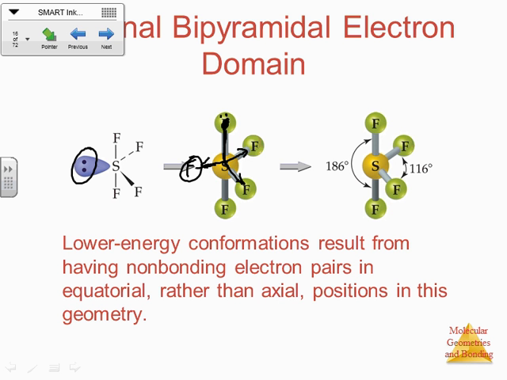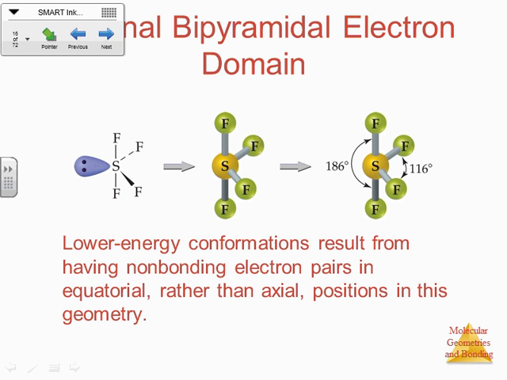Now, if the lone pair goes here, then it's actually only at 90-degree angles to two things, the ones that are up and down, the ones in the axial positions, and then it's got a 120-degree angle with the other two, okay? And remember, the lone pairs need more space, they take up more room, so it makes more sense for the lone pairs to go in the equatorial position rather than in the axial position, okay?